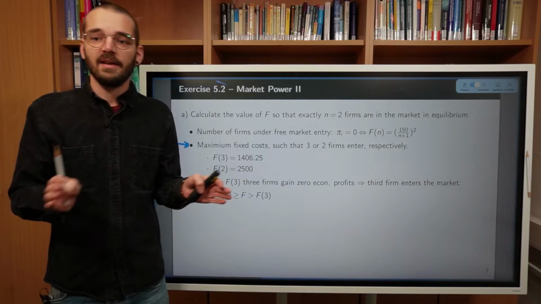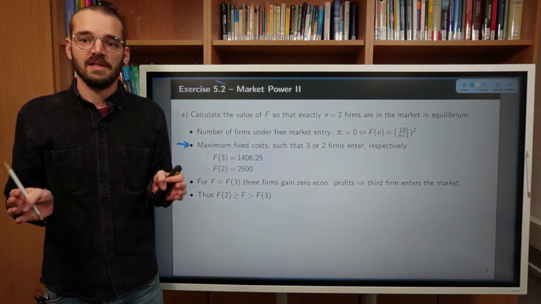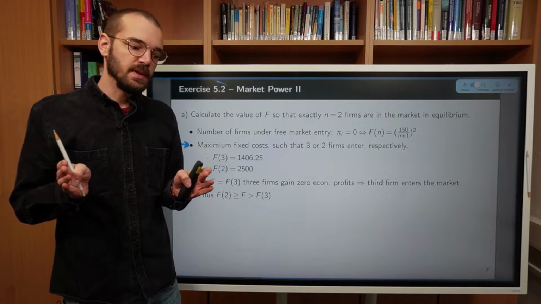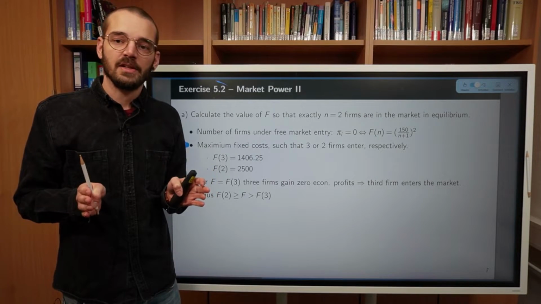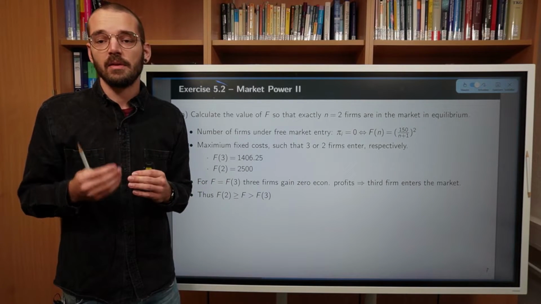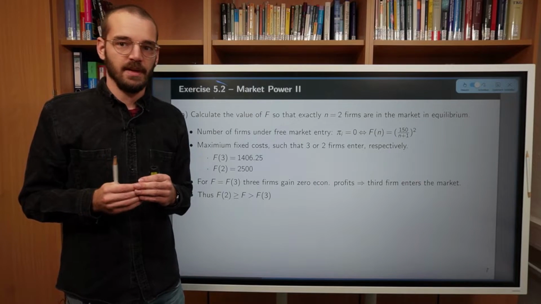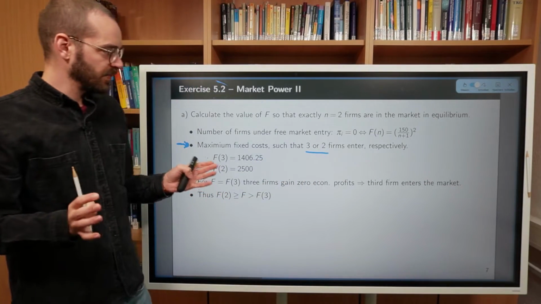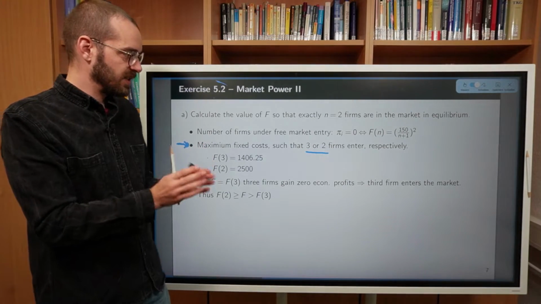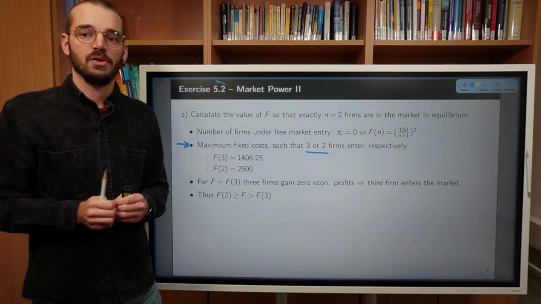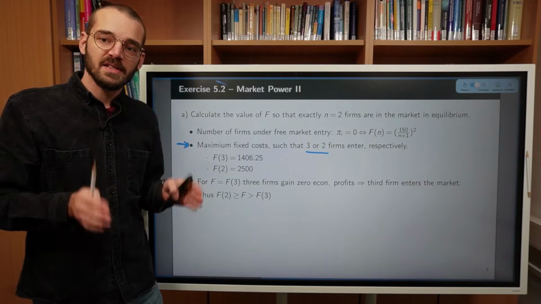The other end of the interval is defined by how large fixed costs need to be in order to no longer sustain a 3rd firm in the market. All right, that is why we need these 2 borders: the value of fixed cost that would sustain just 3 firms and the value that would just contain 2 firms.